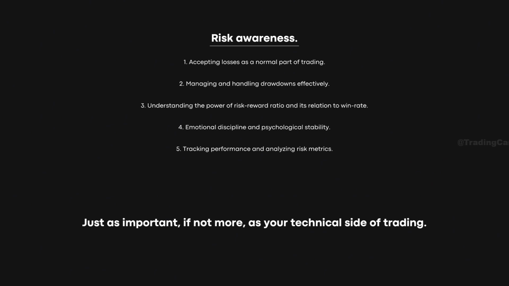And risk awareness means knowing your emotional triggers and having systems and coping mechanisms in place to manage them before they cause real damage. This is also an important part of risk awareness.